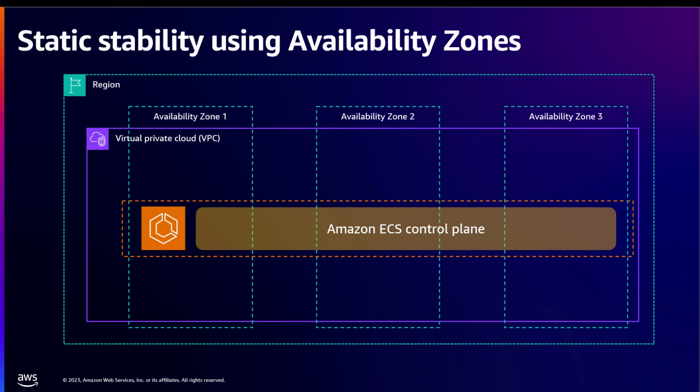But what might happen, let's say, for example, we're provisioning at sort of the P100 of capacity that we need, is that if one of those availability zones were to fail, we end up in a situation where, because we're deployed over the 3 in this particular case, we end up with only 66% of the capacity that we would need in order to serve the traffic that is required. And so as a result of that, we effectively end up in a situation where we need to scale up in response to this event.